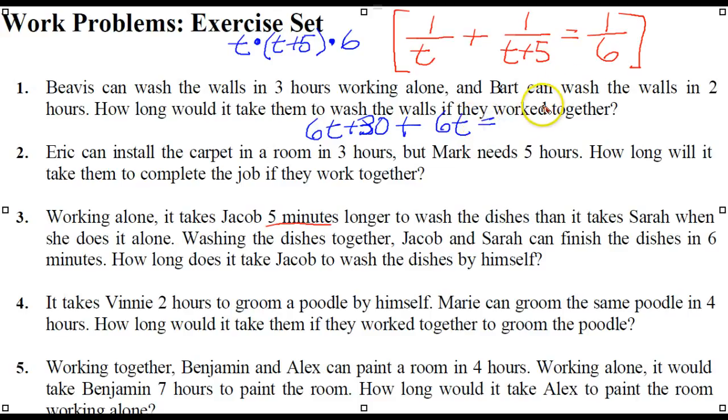And it looks like this is going to be a quadratic equation. And we don't do quadratic equations, so this one is a little bit more advanced. But the t would cancel out, and this would be t squared plus 5t. Okay, you wouldn't be able to do this one in this course. This is for the next course.